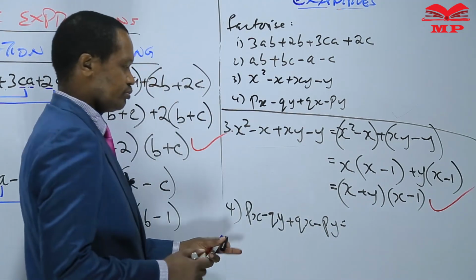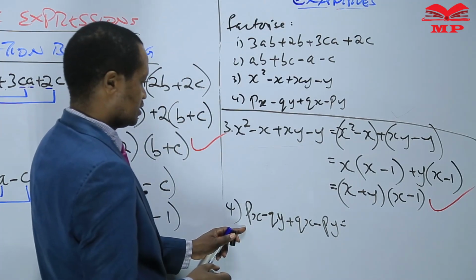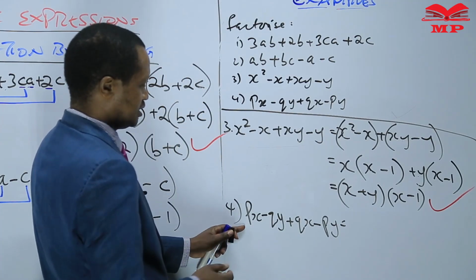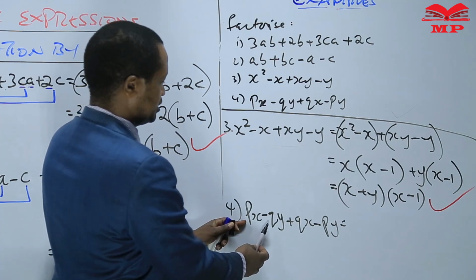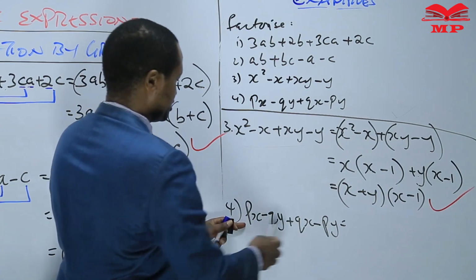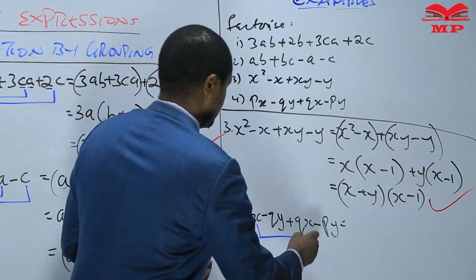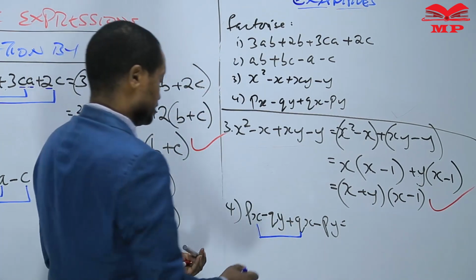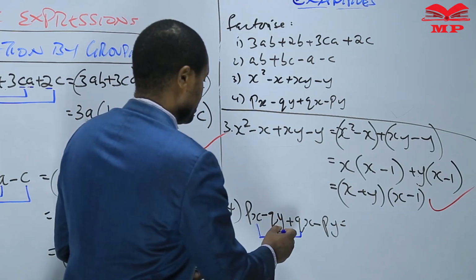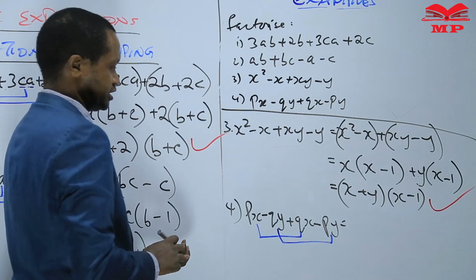So we first group these terms. px and qy is not common. We have px and qx, these two have common factors. Then qy and py, these also have common factors.